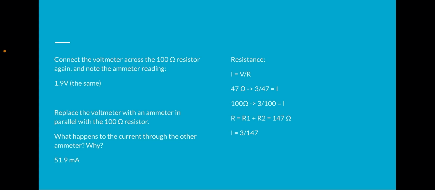And to do so, we have I equals V over R. For the 47 ohms, we had the 3 volts for both the 47 and the 100 ohms. And so 3 over 47 is I for that, and then 3 over 100 is the second I. And then the total resistance would just be those ohms added up, and then over 3 again.